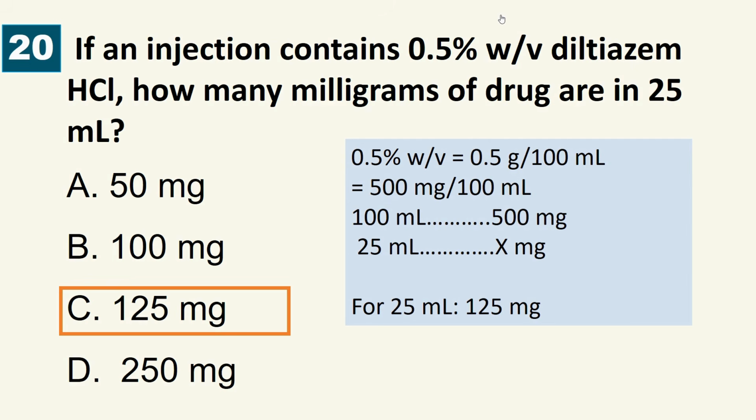Do the cross multiplication, and it gives you 125 milligrams. That means 25 milliliters contain 125 milligrams of diltiazem.